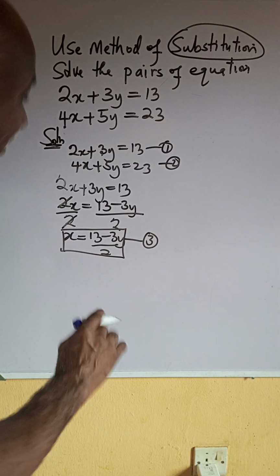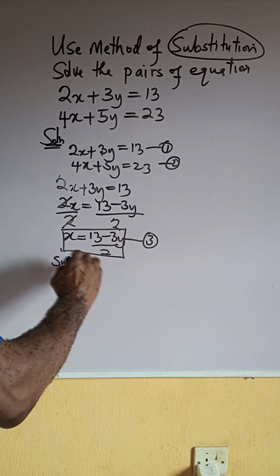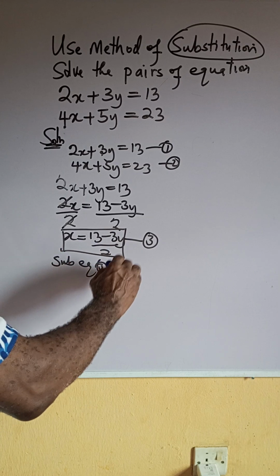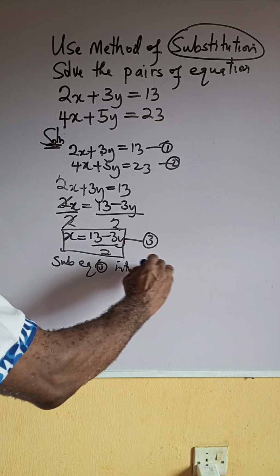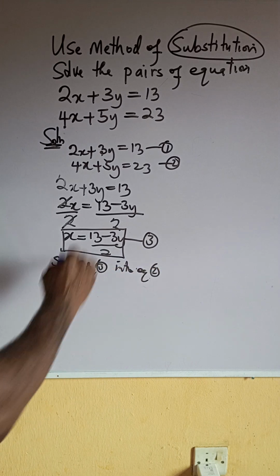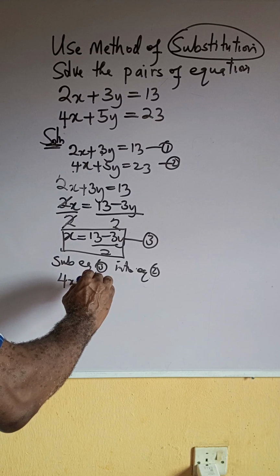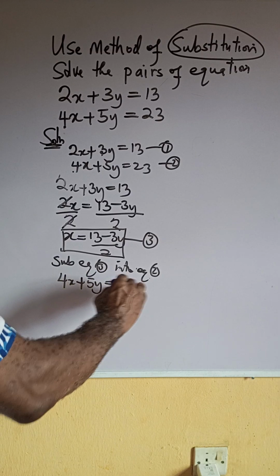Now, next, we are going to substitute equation 3 into equation 2, all right? Our equation 2 is 4x plus 5y equals 23.